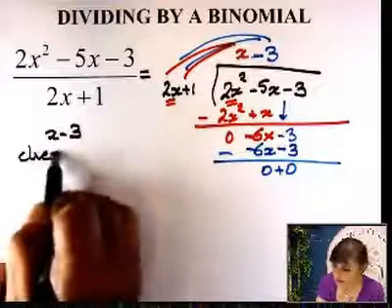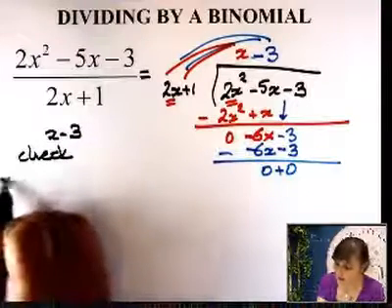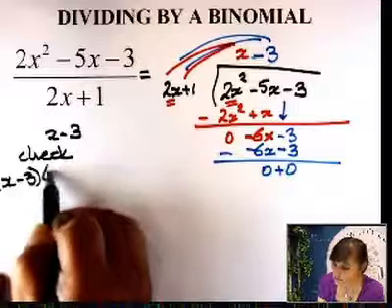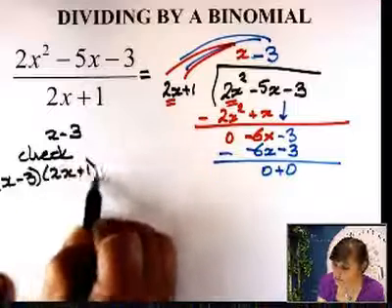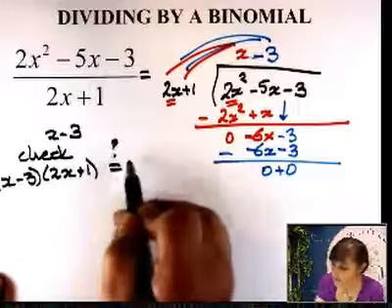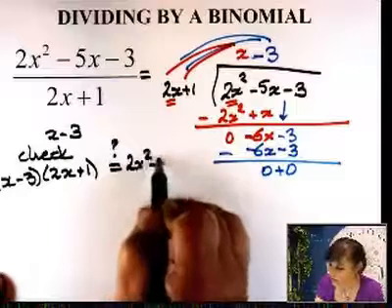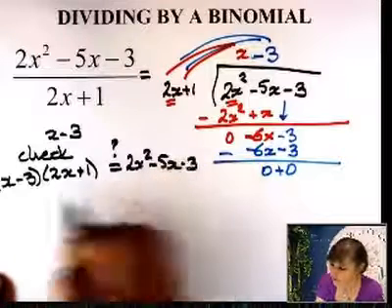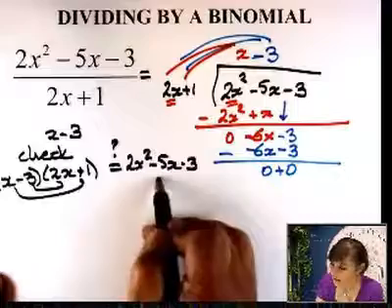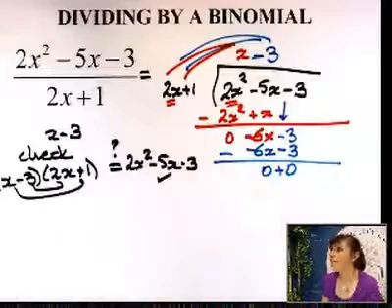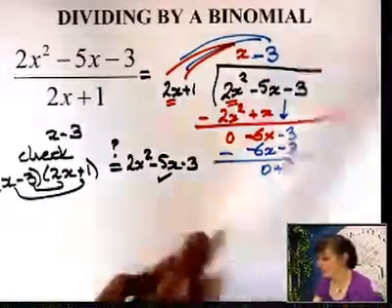You can check. Is x minus 3 times 2x plus 1 equal to 2x squared minus 5x minus 3? When you FOIL, you check. Always check your answer.